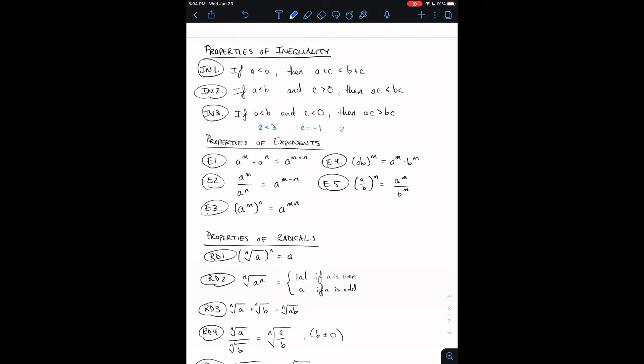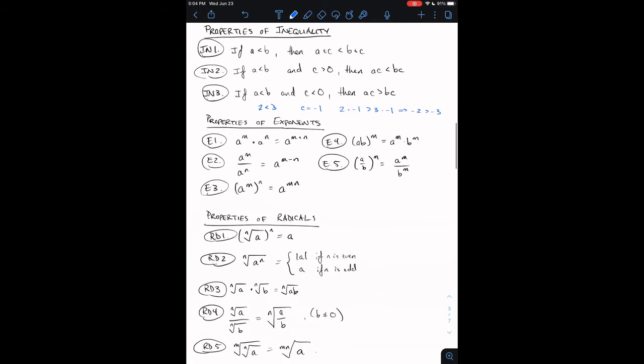Then 2 times negative 1 is greater than 3 times negative 1. And this is true because this is negative 2 and negative 3. So clearly negative 2 is greater than negative 3 because it's less negative.